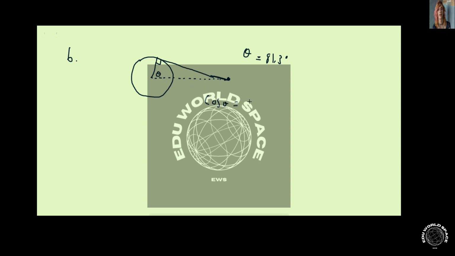The adjacent side is just the radius of the Earth, and the hypotenuse is just that r, the total distance from the center of the Earth to the satellite that we found. Theta then would be the inverse cosine of that, and if we calculate that out, we would get 81.3 degrees.